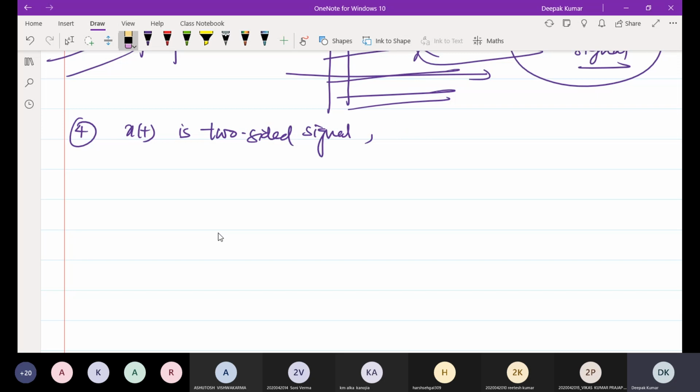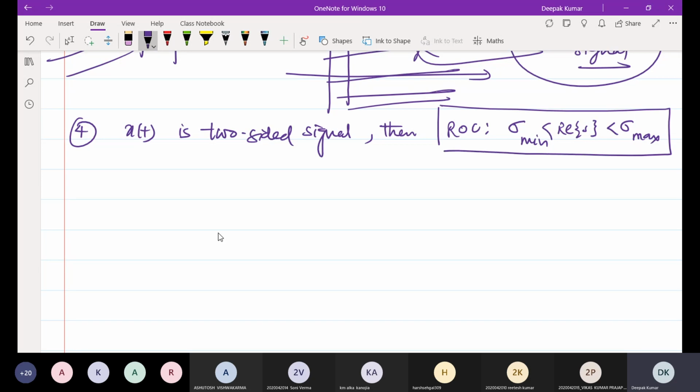Then ROC will be a real part of s less than sigma max and greater than sigma min. This is the region between two poles, or the existence of a region of convergence.